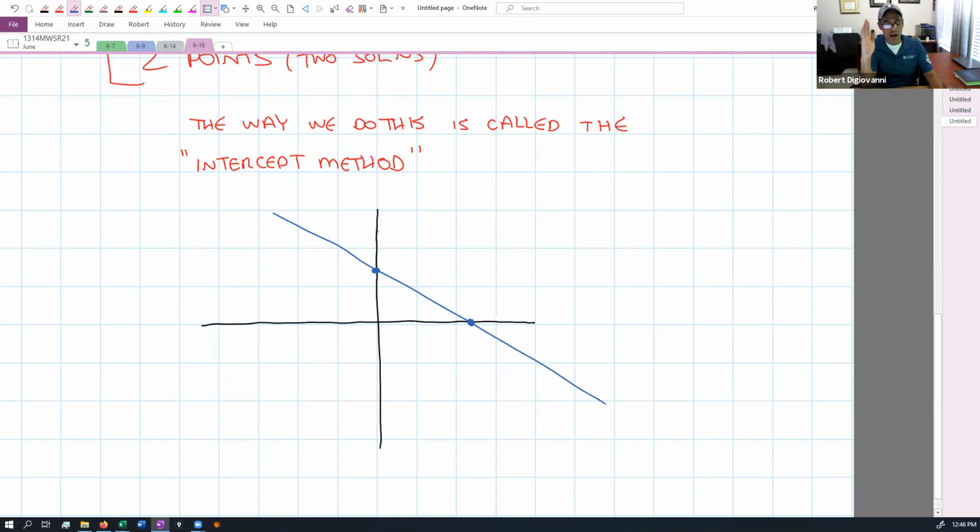If it's a vertical line, it's only going to hit the x-axis. If it's a horizontal line, it's only going to hit the y-axis. But every other line you could ever draw has to hit both axes. So I want us to focus right now on a line that's not vertical or horizontal. The point where it hits the x-axis is called the X-intercept. And the point where it hits the y-axis is called the Y-intercept.